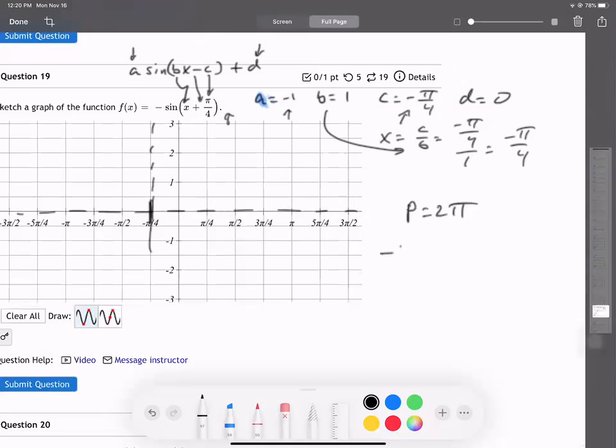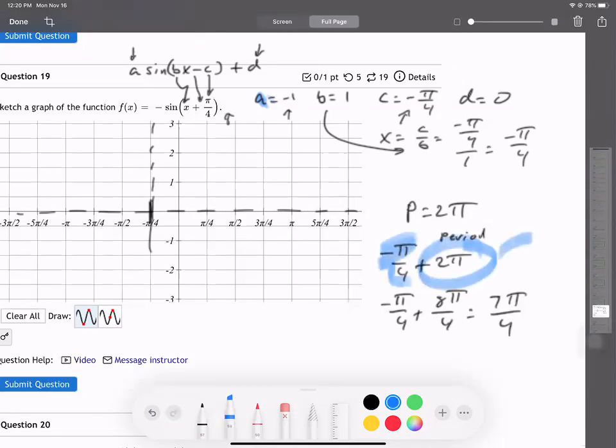Our starting value is negative pi over 4, and we add the period, how long it takes to finish, 2 pi. Now, unfortunately, we see a fraction here, so we have a common denominator: negative pi over 4 plus 8 pi over 4 combines to be 7 pi over 4. That means if we start at negative pi over 4, we should end up at 7 pi over 4. That's our ending.